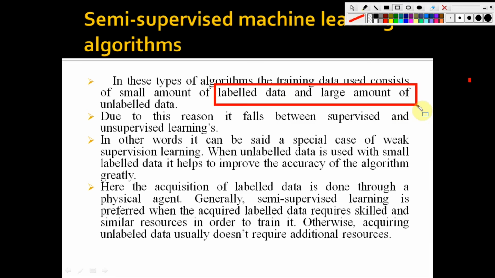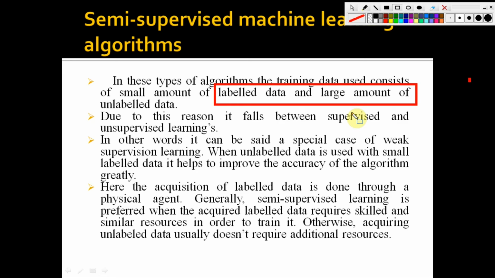The training data will have a small amount of data which is labeled, that means it has the information, and a large amount of data which is not labeled. This kind of algorithm is called semi-supervised, which comes in between supervised and unsupervised.